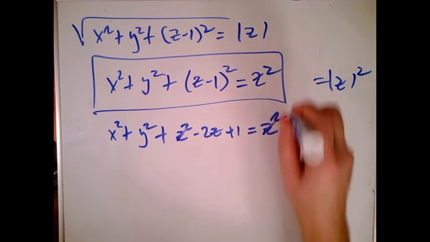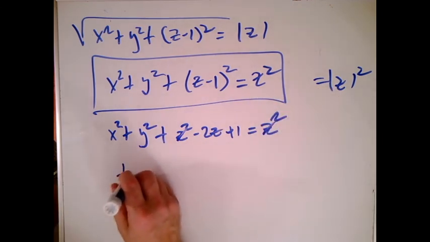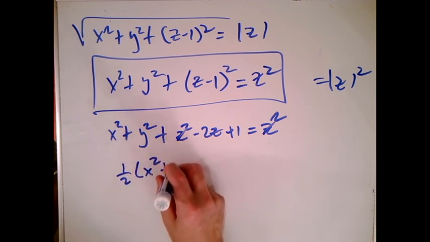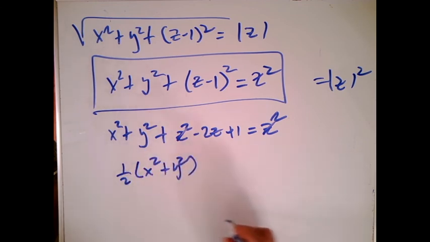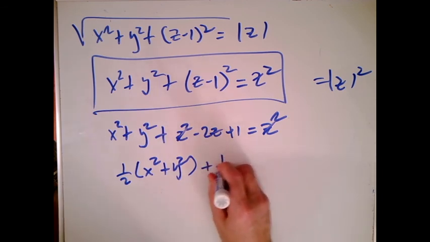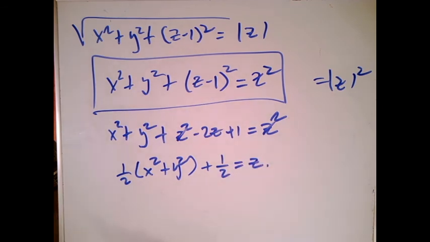The z squareds cancel. I'm going to throw the z over. And so what I'm going to get is 1/2 times x squared plus y squared, plus 1/2, equals z. So algebraically, I think that's as simple as I can actually make it. Geometrically, what is this?